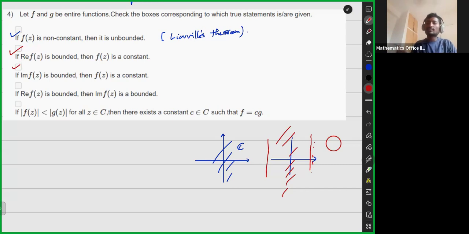Because f does not have any image inside this disk, this is z not. So this is the way I'm going to tell you, but there are many other ways.